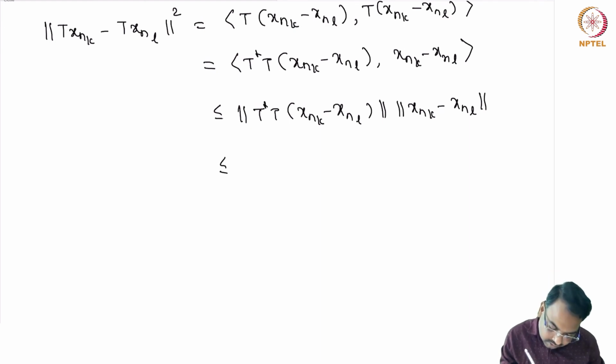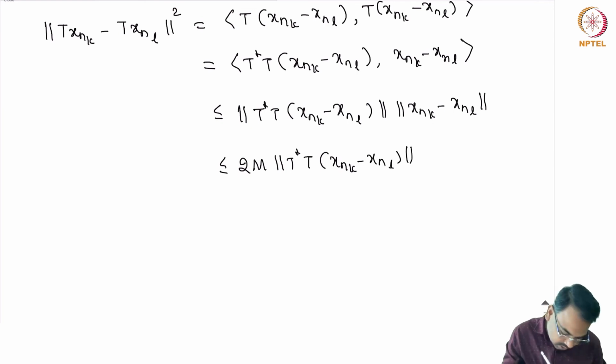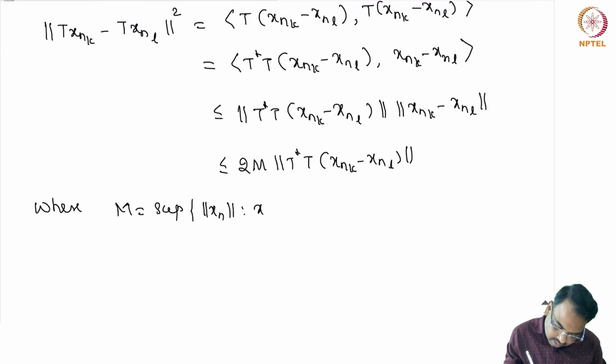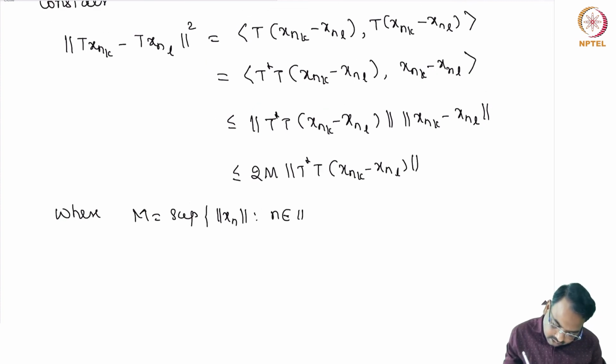So this is, let us say, 2M into norm of T star T of xnk minus xnl, where M is supremum of norm xn, n in N.